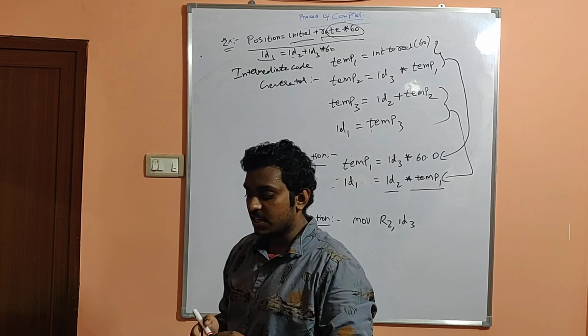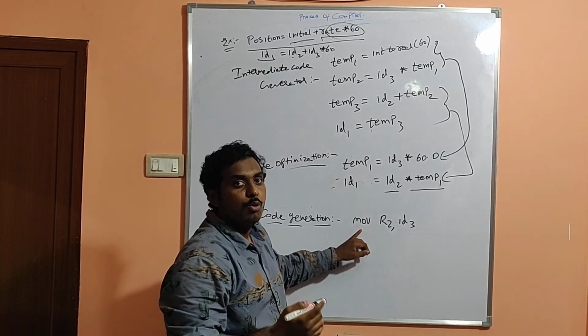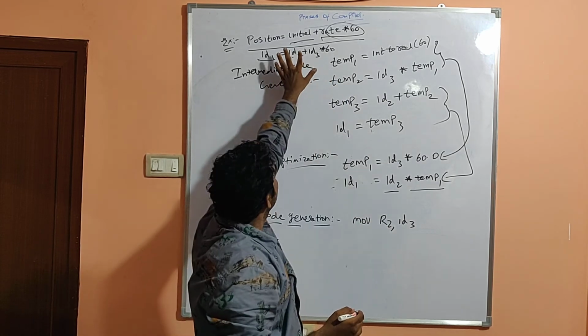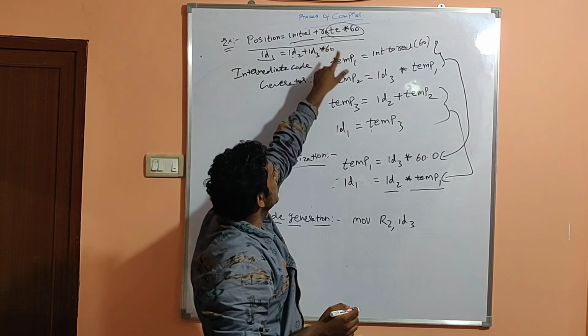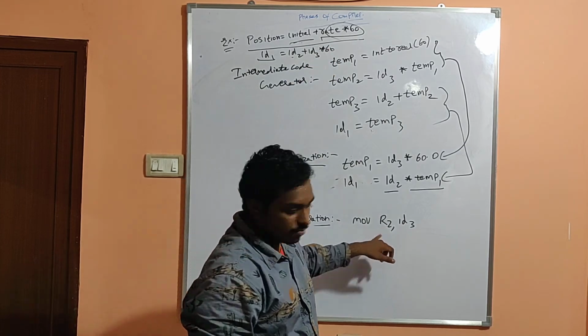Here the first step we have written is MOV, which means move. What are we moving? id3, which means rate. The rate value is stored in the R2 variable.